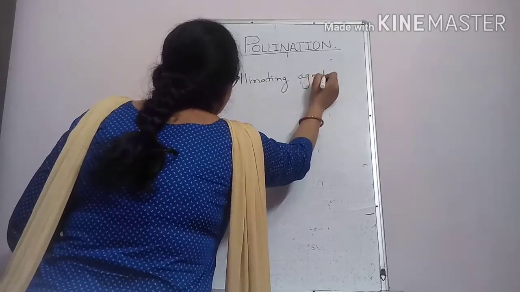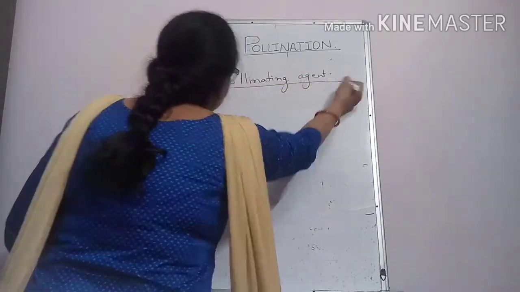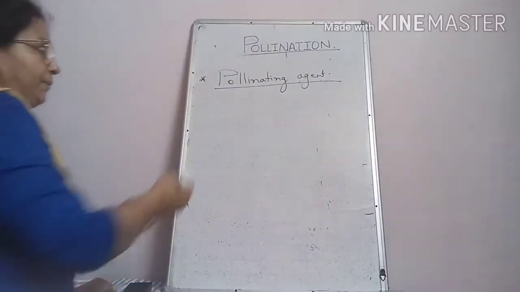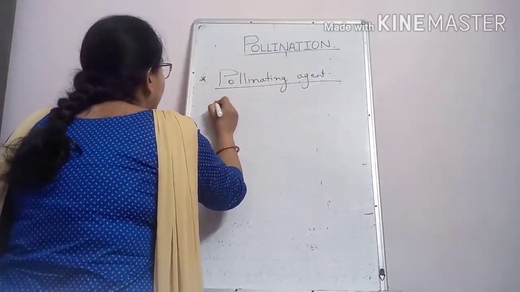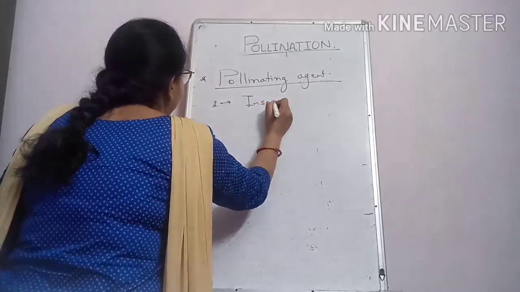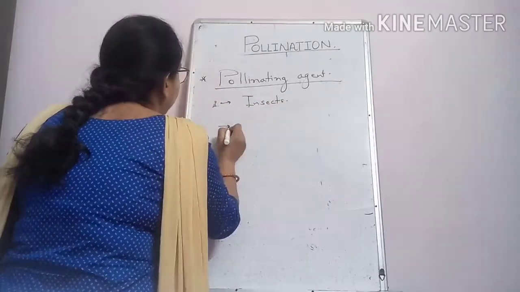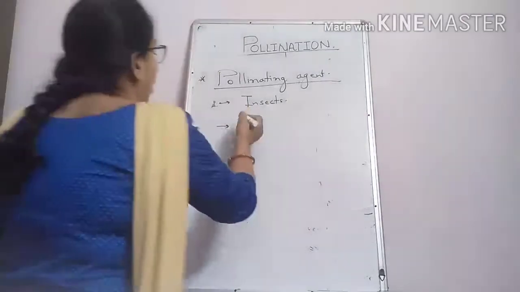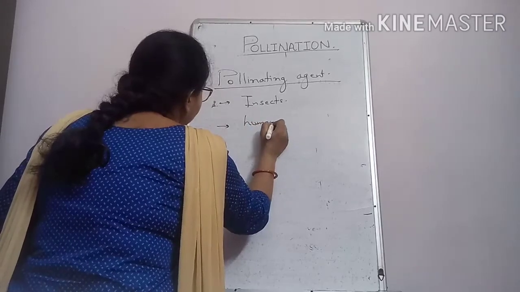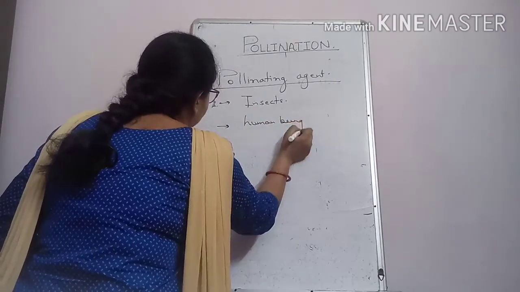These pollinating agents are responsible for pollination. It may be insects, or human beings or other animals.